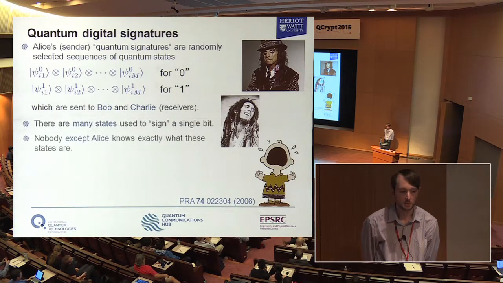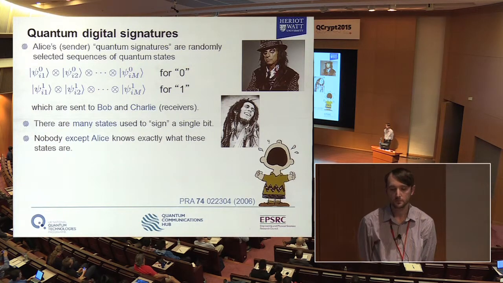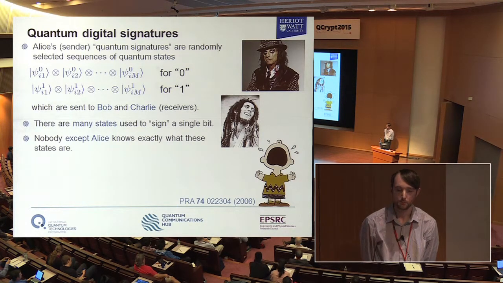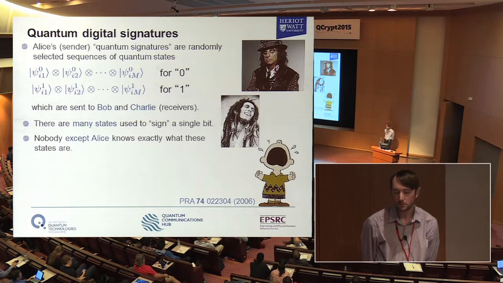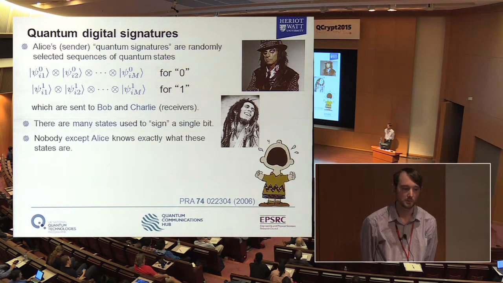Just to recap Erica's talk as much as I possibly can in one slide, quantum digital signatures are different from quantum key distribution. In quantum key distribution, one pulse or one single photon is used to secure one bit. In quantum digital signatures, many pulses, which may be coherent states, are used to sign one bit. In our demonstration, from here on in, they'll be coherent states, but they don't necessarily have to be.